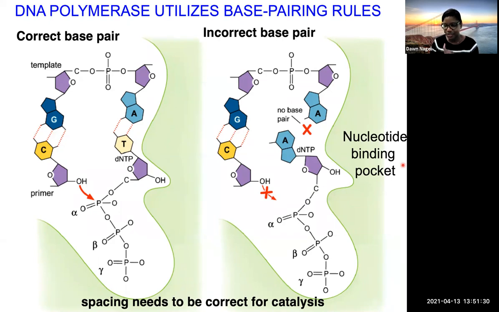If you were synthesizing this in the test tube, you can have one base pairing mistake in 100,000. So that's kind of frequent. So you want to really be able to repair these mistakes as they happen. And we'll talk about how that's done in the next set of lectures.